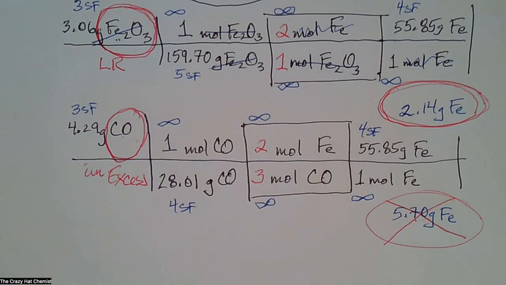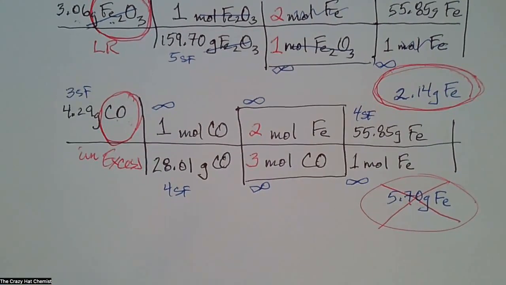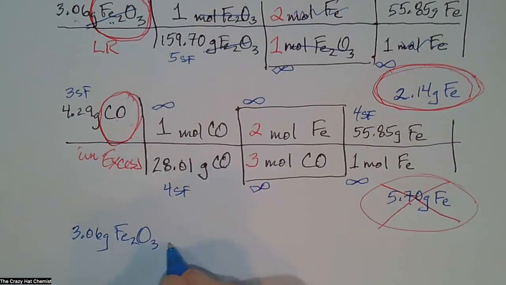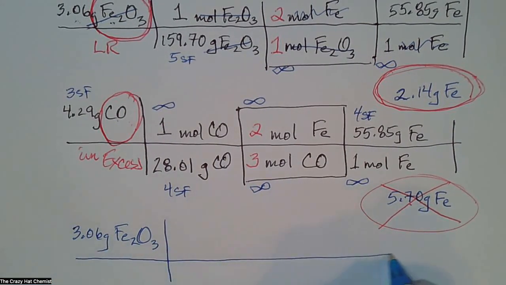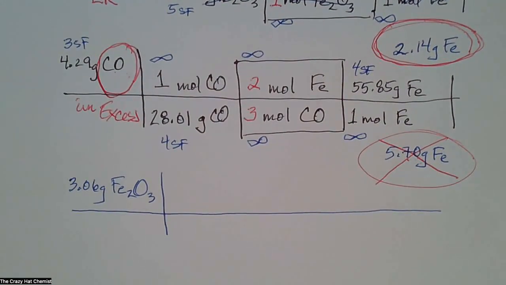So let's give it a try. We're going to start off with our limiting reagent, which is 3.06 grams of ferric oxide, and I'm now going to convert this to the other reactant, that is carbon monoxide.